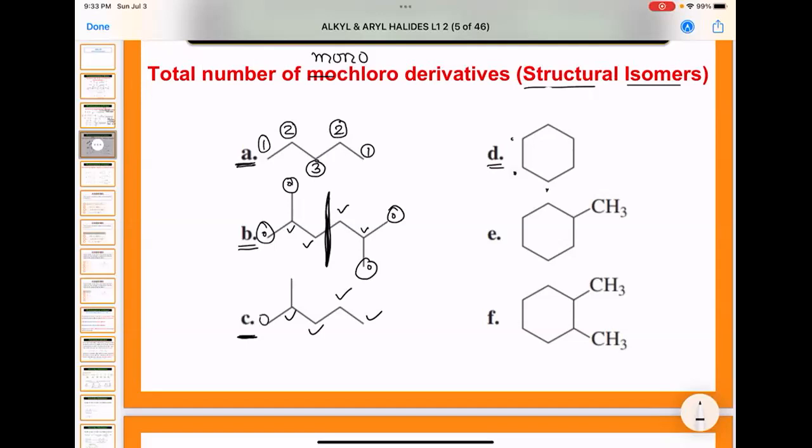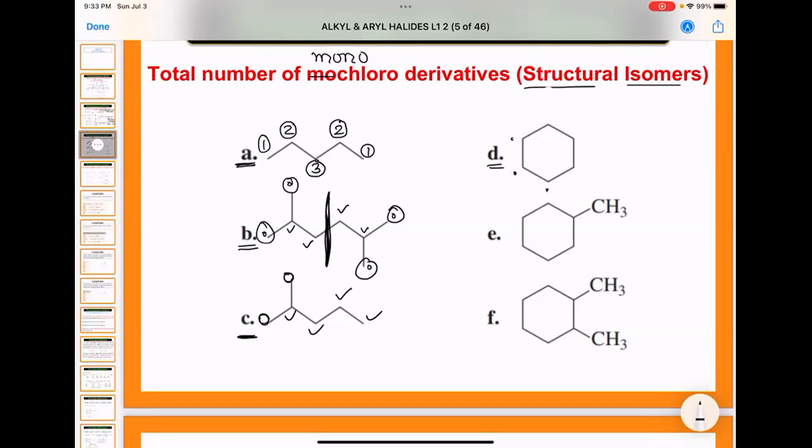But these two methyls are the same. Why are they the same? Because they both are CH3 and they are both connected to the same carbon. Not every methyl is the same, so be careful. If two methyl groups are connected to the same carbon, we can swap them like this. Both of them are the same. They are not going to be different.